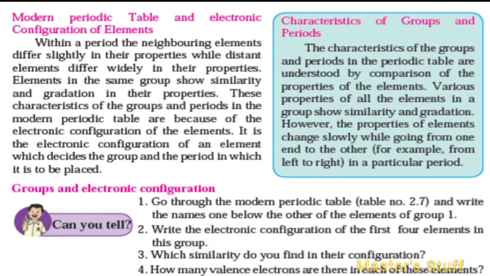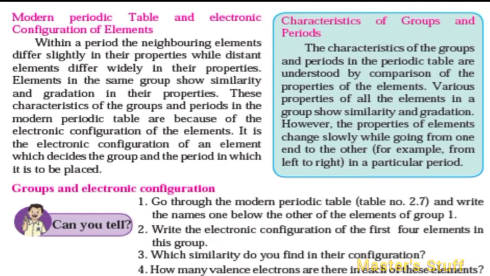The characteristics of groups and periods in the modern periodic table are based on the electronic configuration of the elements. The electronic configuration of the element decides in which group or period the element has to be placed.